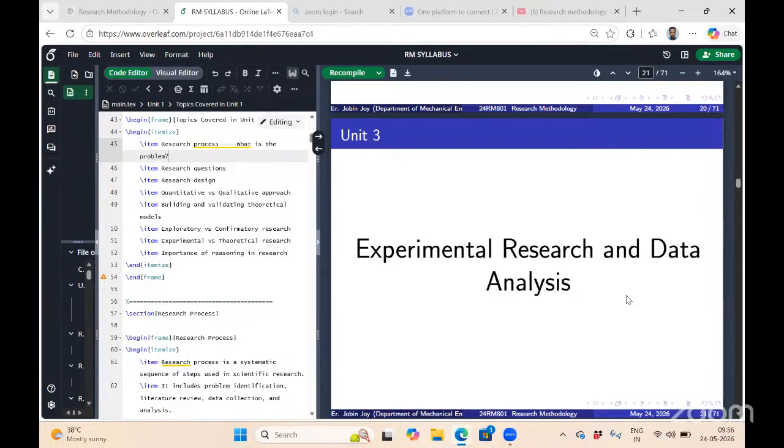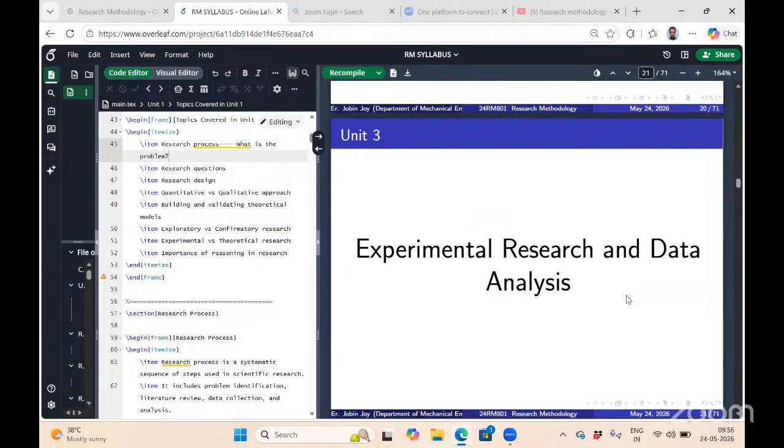Hypothesis. This is very important in research. We have to prepare a testable statement. It is a prediction. At the beginning of the research, I say, for example, automation increases efficiency. This is a prediction in research. After completing the research, I have to check whether this statement is correct or not.